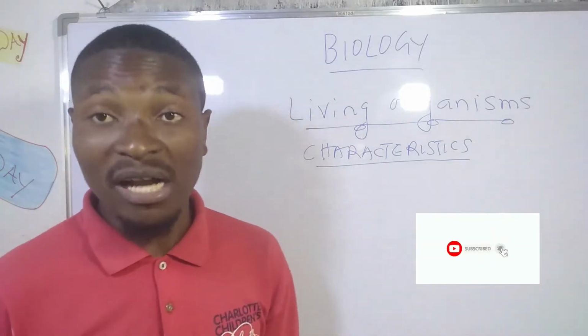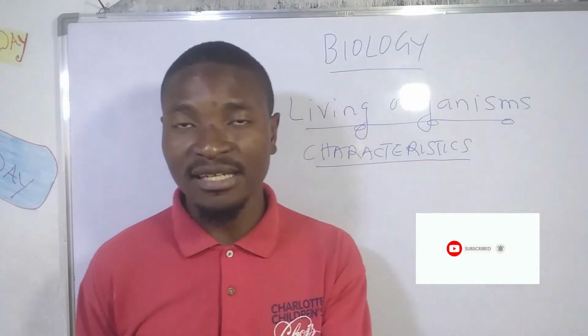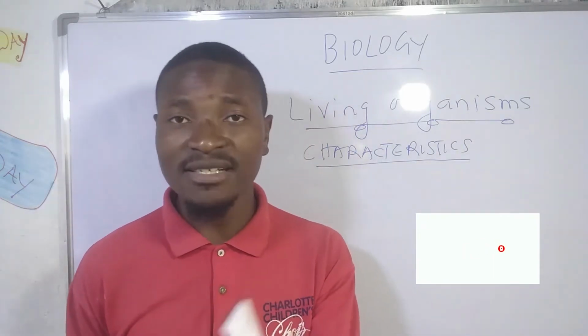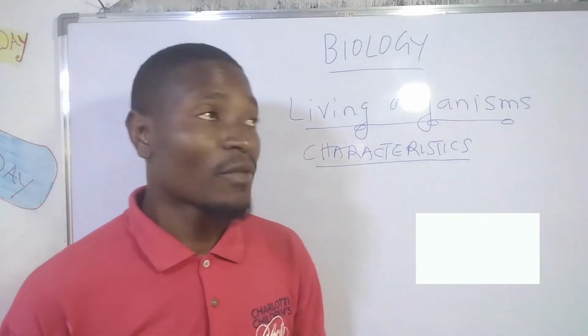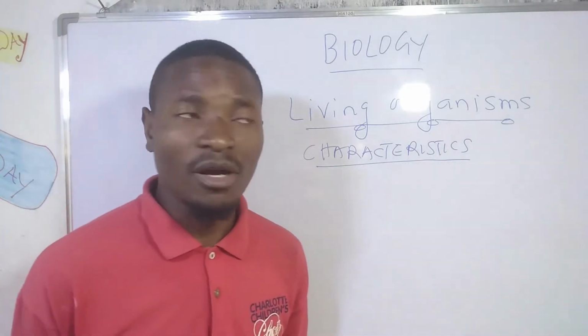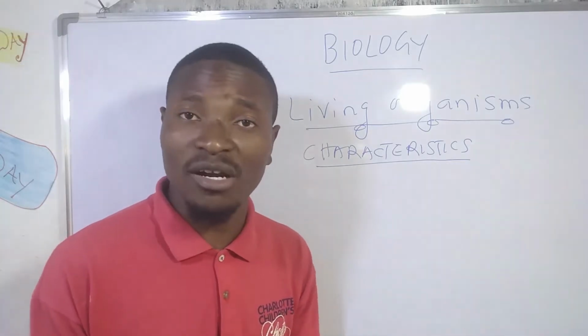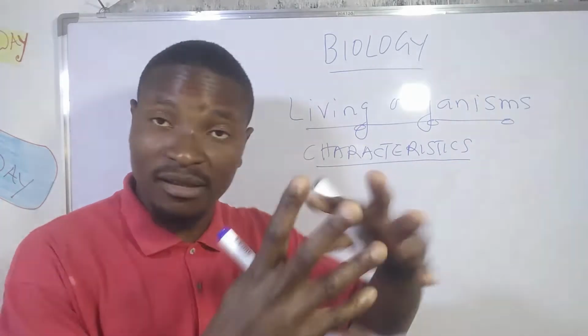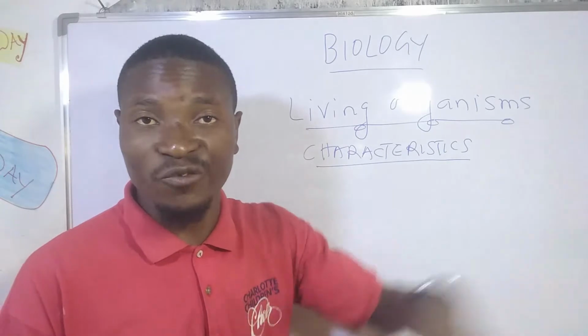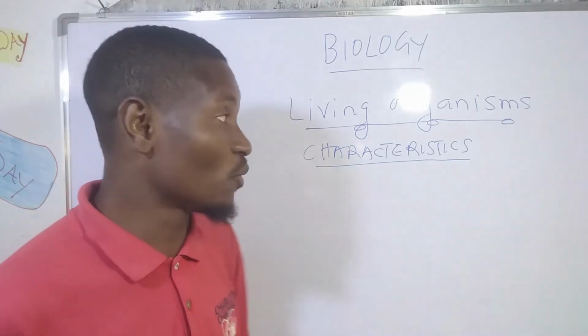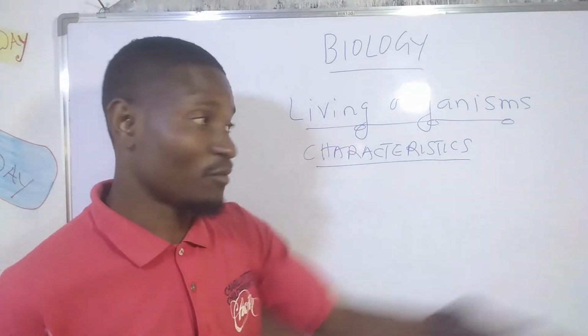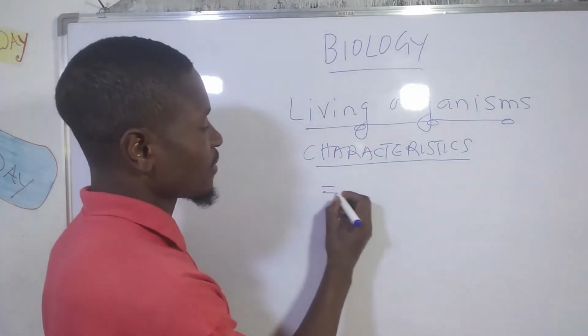If you want to understand these characteristics, you can use an acronym or abbreviation so that you don't forget the list of characteristics of living things.